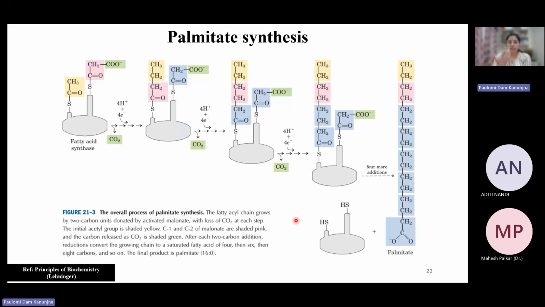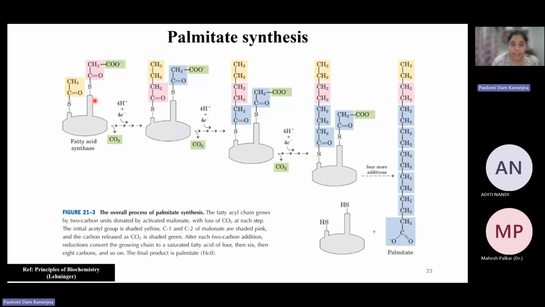Now, if you take the overall process of palmitate synthesis based on what we have just seen, basically you need 16 carbon. So this is the very first step, and this here is the chain after the first incorporation, right? First incorporation of acetyl group and malonyl group. So this is the first chain.